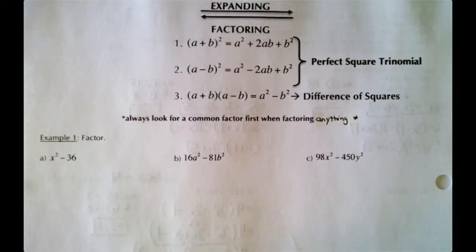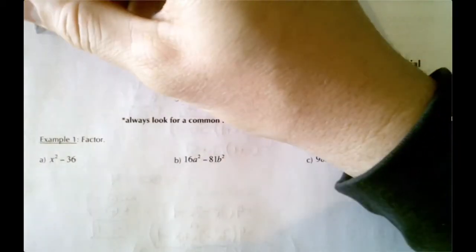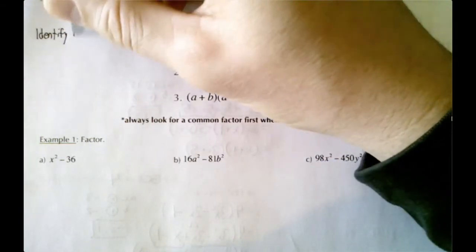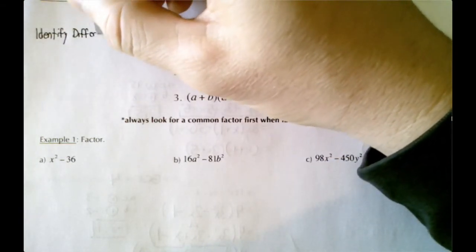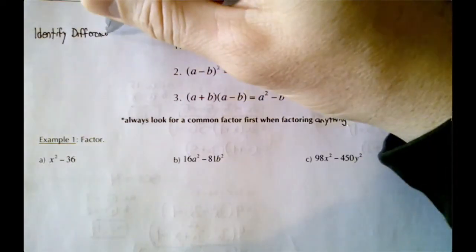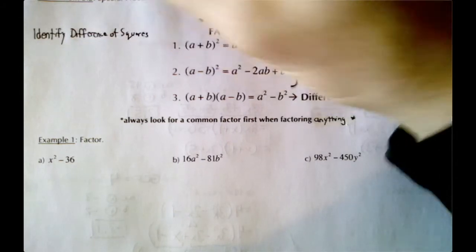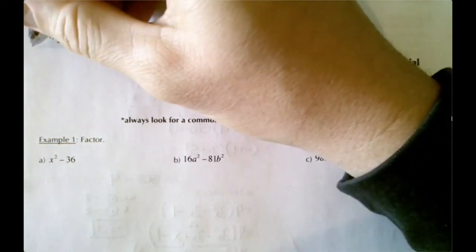Let's first be able to identify a difference of squares. Now, I kind of spoiled it, but in example 1, all three of these are difference of squares. To identify a difference of squares, we have to have two conditions.